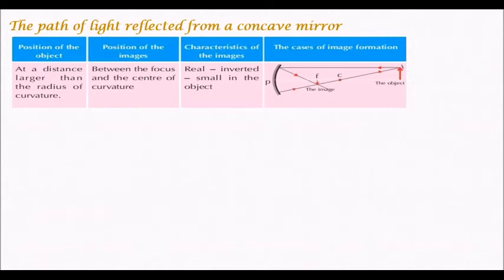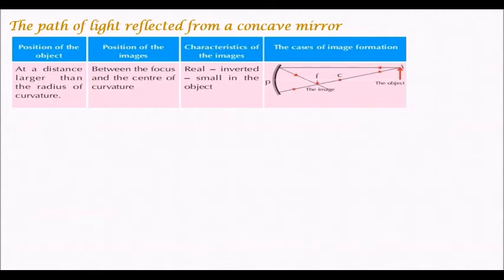We agreed that changing the position of the object will change the position of the image and the properties of the produced image. Well, we have more than one case for the position of the object. Firstly, if the object is at a distance larger than the radius of curvature.